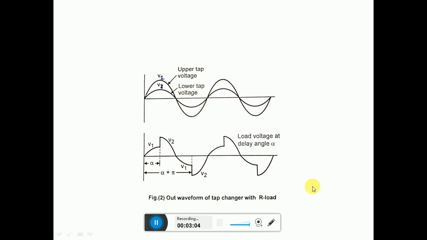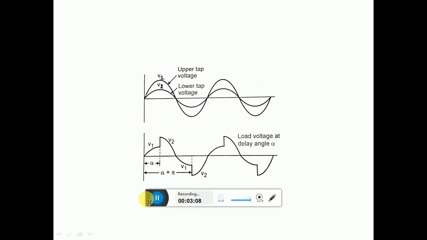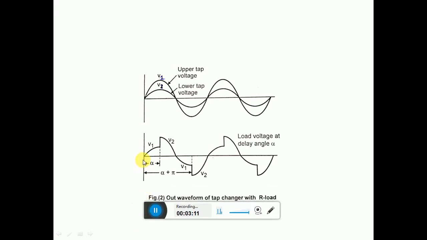Here, if you can see, when the switch is on at alpha equals 0, switch SW1, number 1 switch, is on, then we'll get V1, because V1 is for switch 1. After that, if we make switch 1 off and switch 2 on, at that time the voltage will be V2.